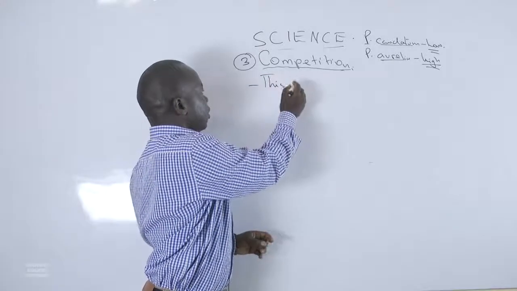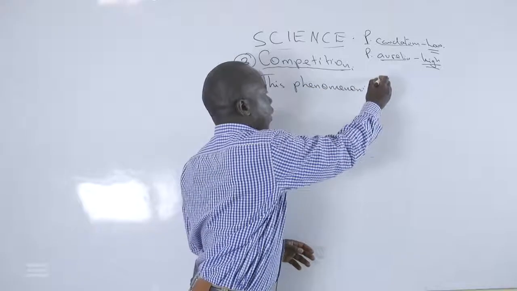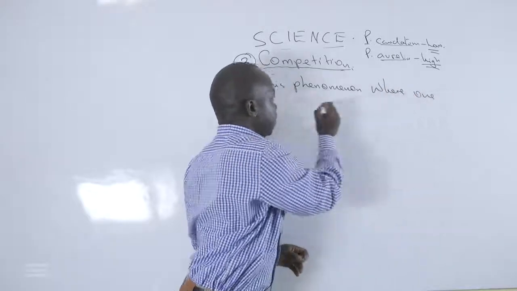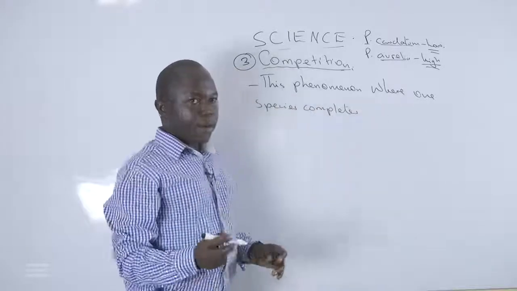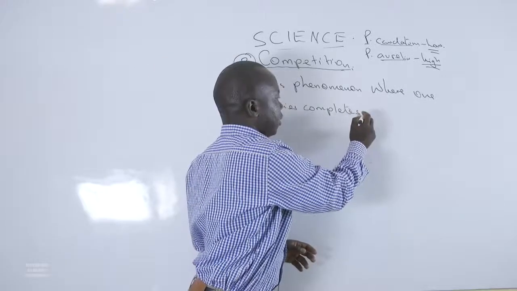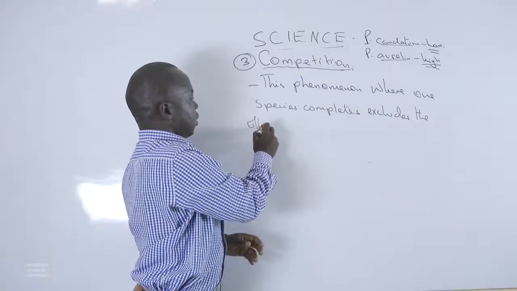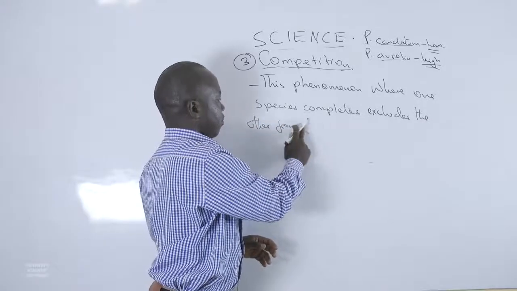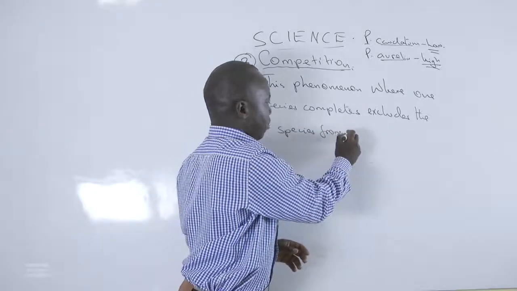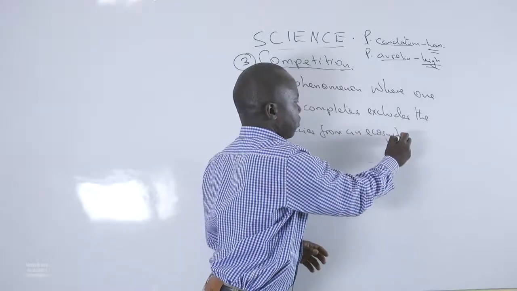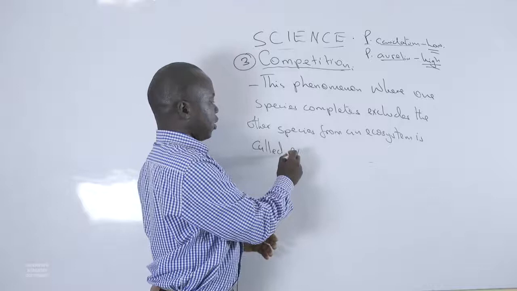So this phenomenon where one species completely outcompetes or completely excludes the other species from an ecosystem is called exclusive competition.